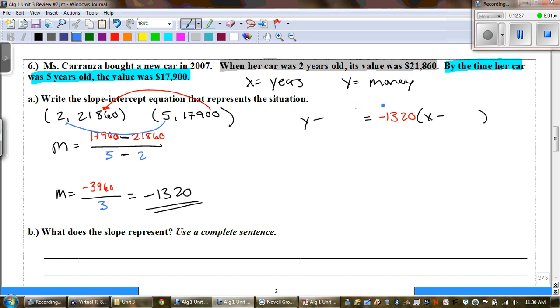And you can use any point you want to, doesn't really matter. I'm going to do the second one. So we got (5, 17,900). So remember, the first thing to do is to distribute. You go y minus 17,900 equals negative 1,320x, and negative times a negative is positive, and 1320 times 5 gives us a total of 6,600.